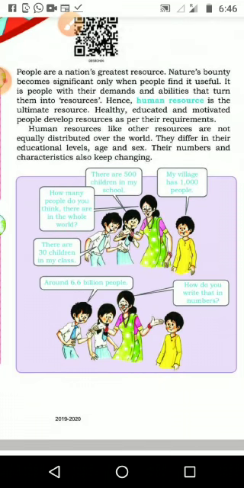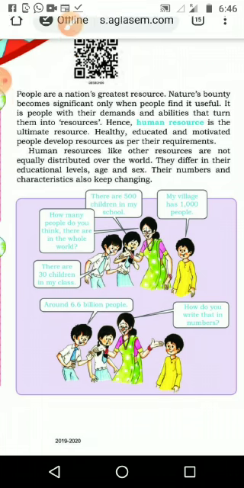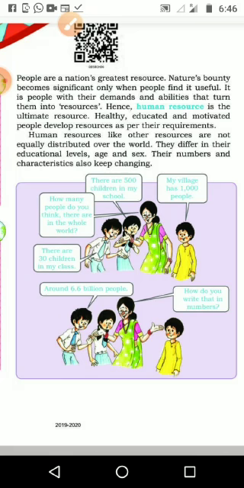So it is people who make nature, or an area, more useful with their help, and what they want, as they have demands as well as abilities. Hence human resource is the ultimate resource.